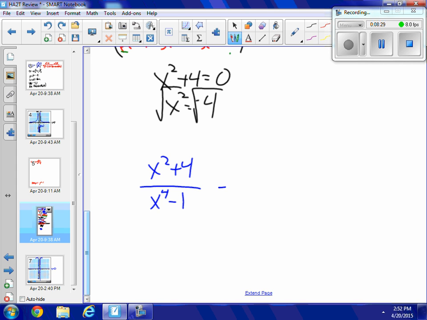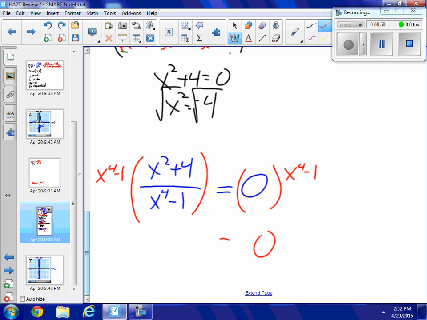The graph of my asymptote is y equals 0. Is there any place where this is true? Well, let's just do the work here. I'll multiply this side by x to the 4th minus 1, and this side by x to the 4th minus 1. So that becomes 0, and I'm left with x squared plus 4 equals 0. x squared equals negative 4. So no, there is no place on this graph where it is going to intersect the horizontal asymptote.